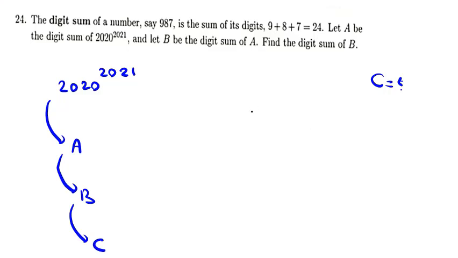So let me write with black. 2020 to the power of 2021 mod 9. The sum of the digits of 2020 is 4, so it will be 4 to the power of 2021.